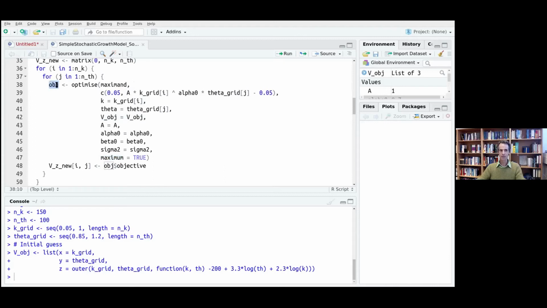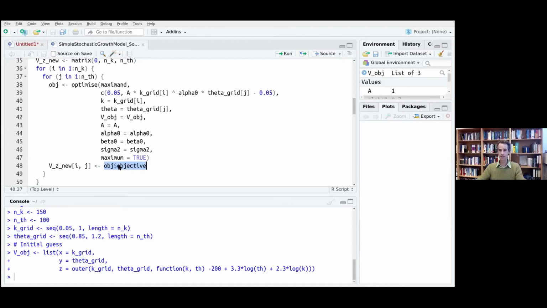Then the optimization command will return an object, which is stored here. And there are mainly 2 parts in this object. One is the objective, that's the value that's being obtained, and the other one is the point, or the consumption level, where the maximal value is obtained. Here we need the value itself.